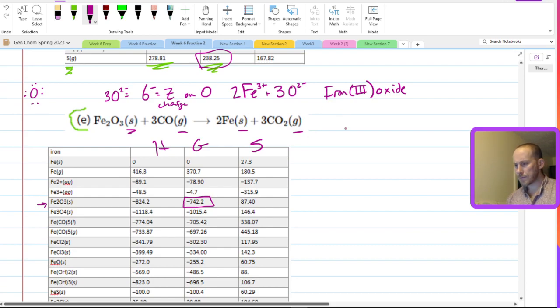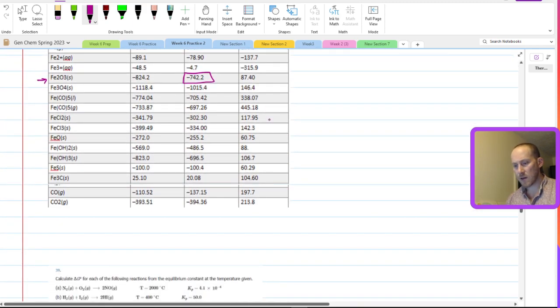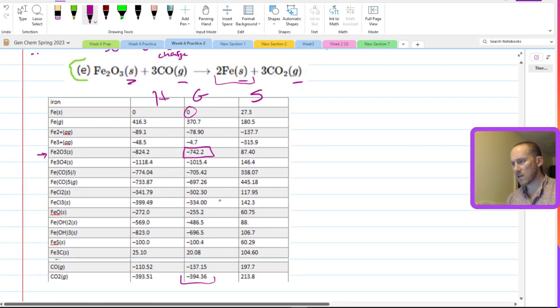Oh yeah, and that's reactant. So actually, our delta G for our iron by itself is 0. Carbon dioxide is negative 394.36. So we're going to have that our delta G of our reaction is going to equal, we have 3 carbon dioxides, and that was at negative 394.36.